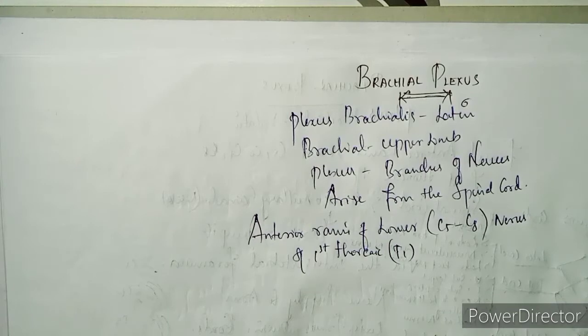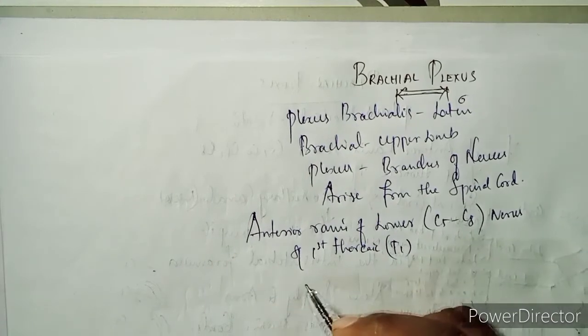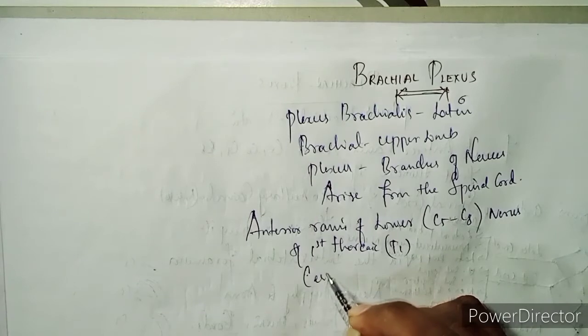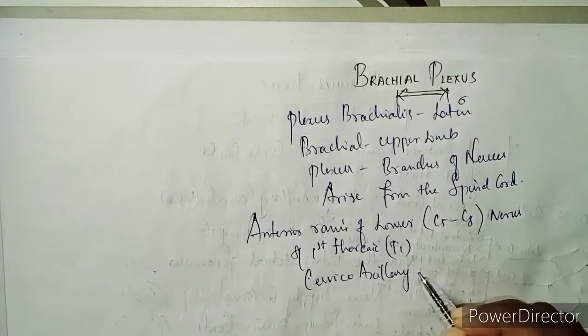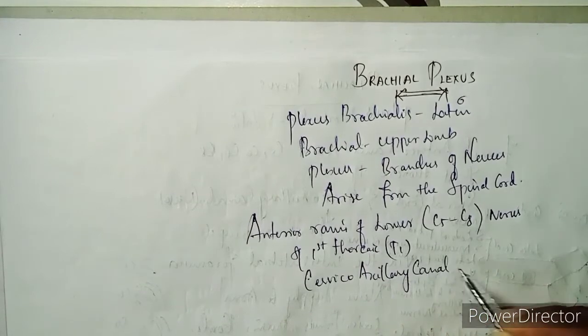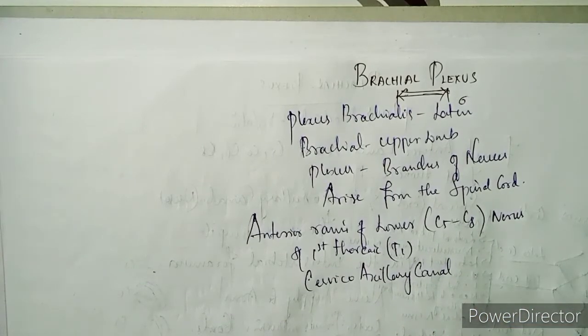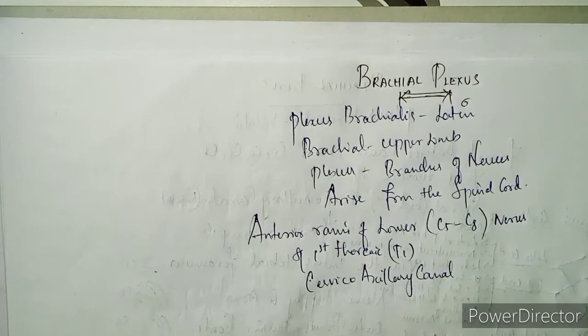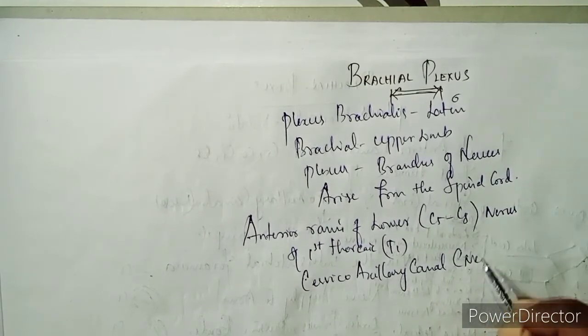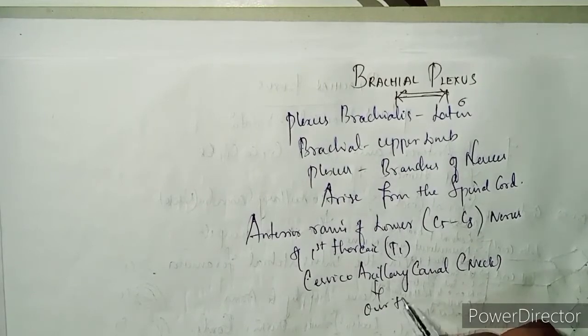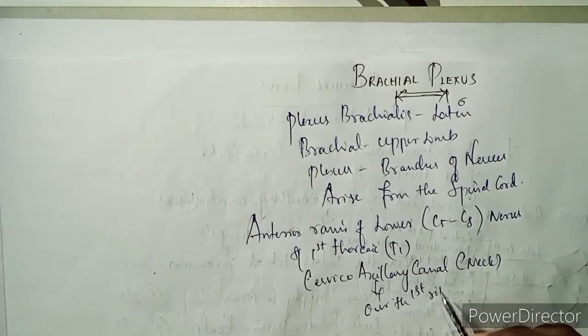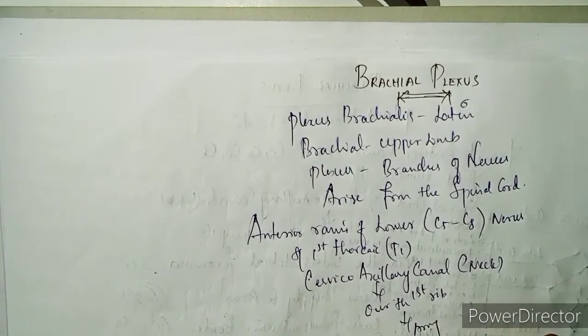This plexus extends from the spinal cord through the cervico-axillary canal. This is another important MCQ or Viva question, where this plexus extends. It extends from the spinal cord through the cervico-axillary canal present in the neck, over the first rib, and into the armpit.